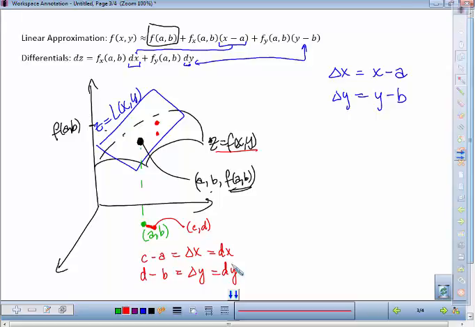What's important here is that there's also a change in the z.